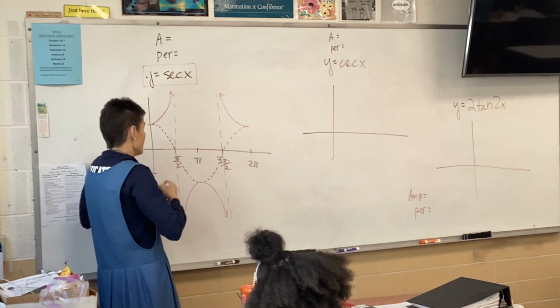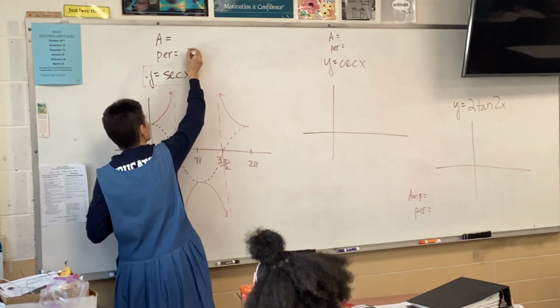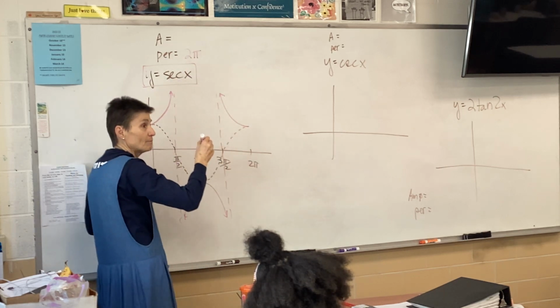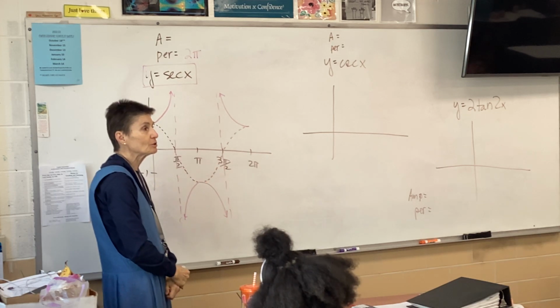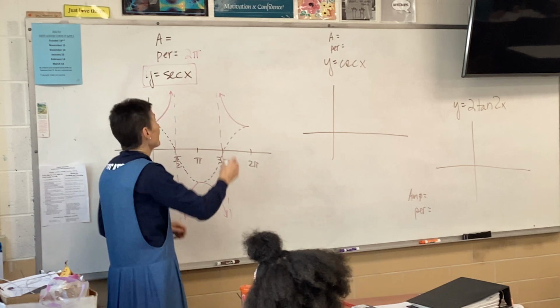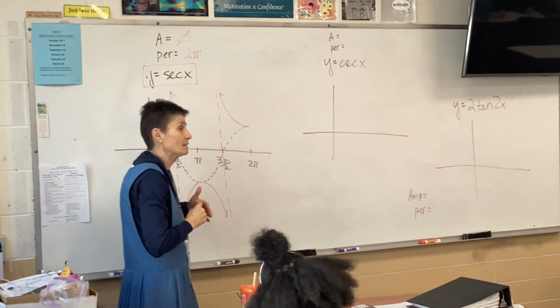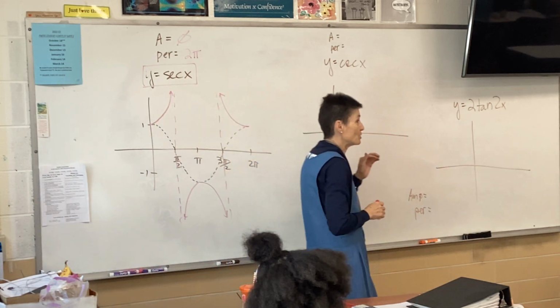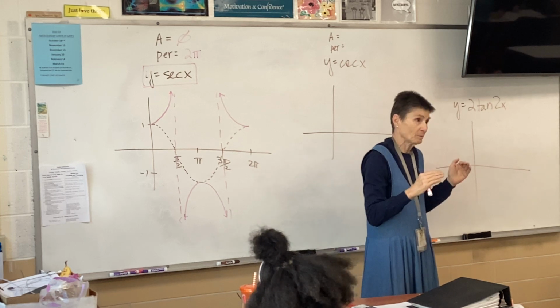Now, the period of this is exactly the same as the period of the cosine. Would you agree with that? But what about amplitude? There is none. That's right, there is no amplitude. We talked about this a little bit last time. When you graphed a tangent and a cotangent, we said there was no amplitude.